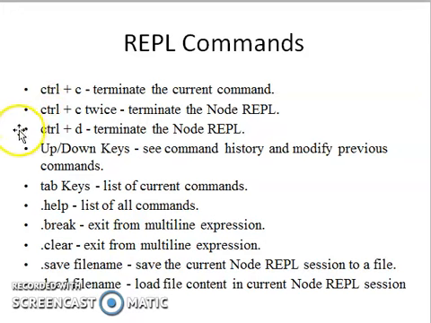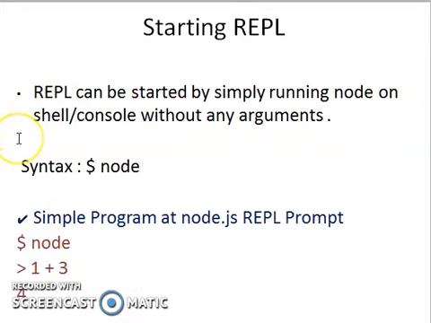A simple example of how the REPL terminal works is like this. As we previously discussed, it is a terminal or environment for running functions. The syntax begins with $ node.